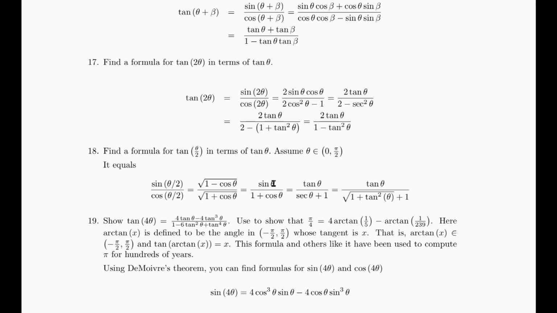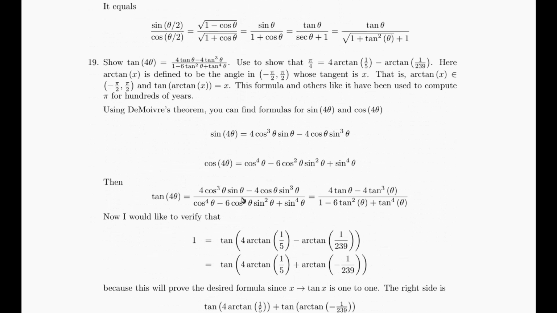Now, if I divide the top and the bottom by the cosine, I'll get the secant of theta plus 1 in the bottom and the tangent of theta here. And then secant of theta, for theta in here anyway, is the square root of 1 plus the tangent squared. So that gives me a formula for the tangent of theta over 2.